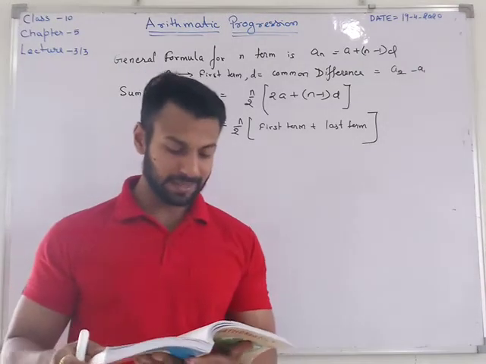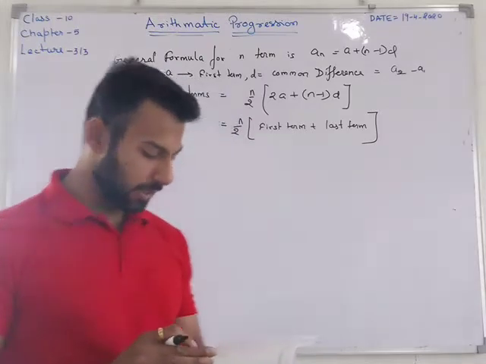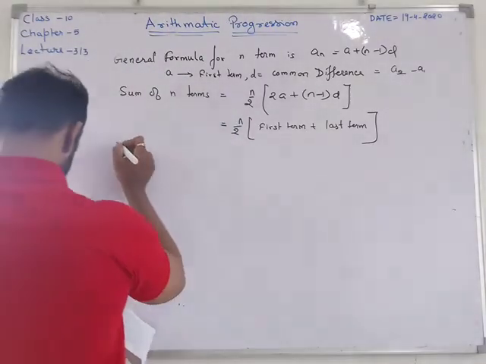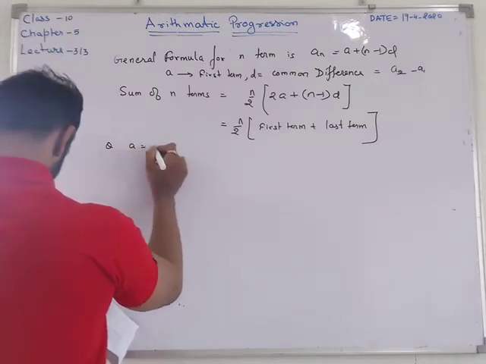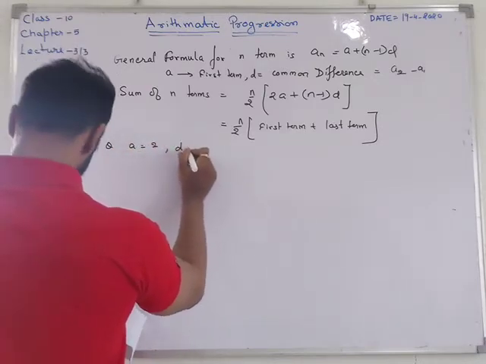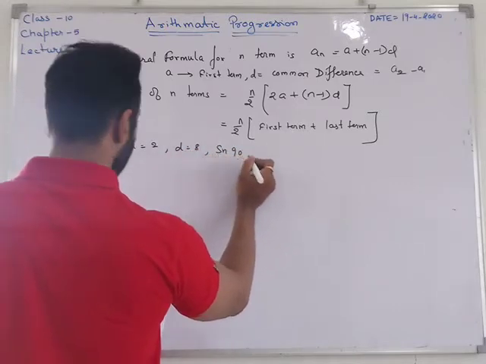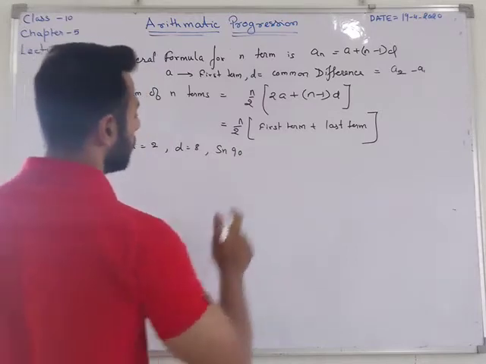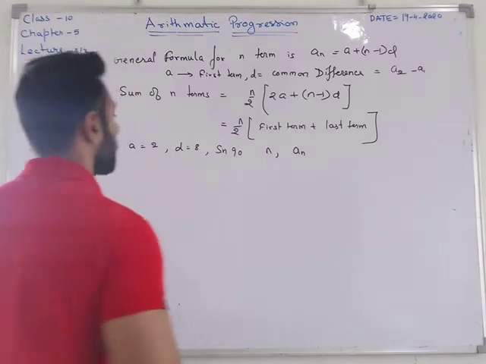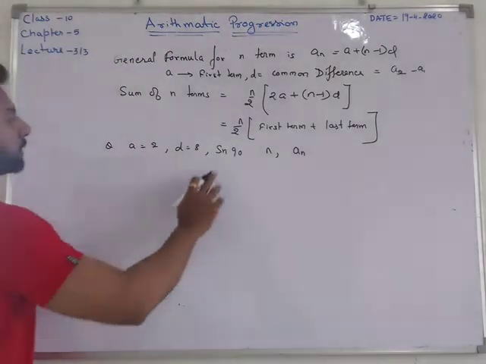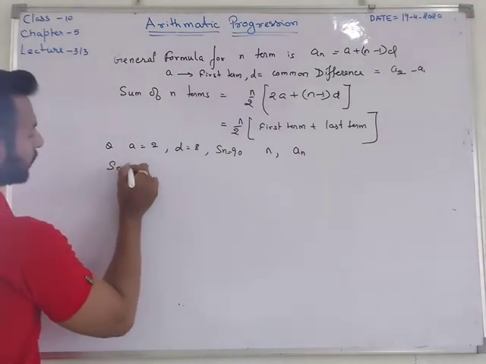First question is from exercise 5.3, question number 3, sixth part. Given that a is equal to 2, d is equal to 8, Sn is equal to 90, and we have to find out the value of n and an. Now we are given Sn is equal to 90.